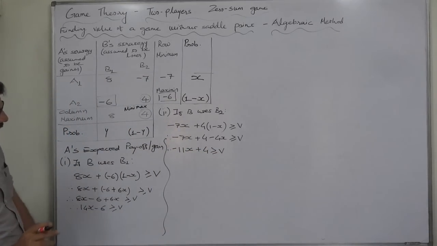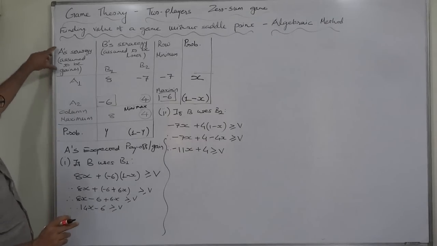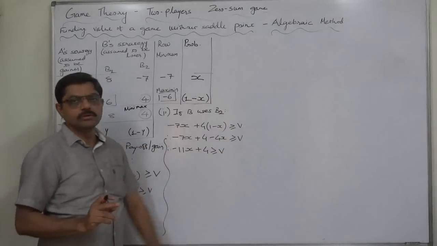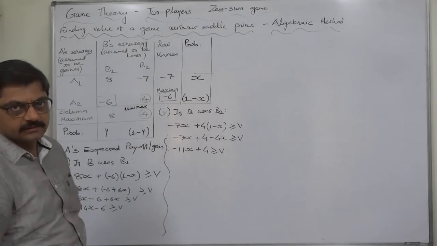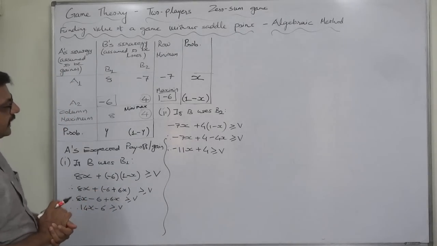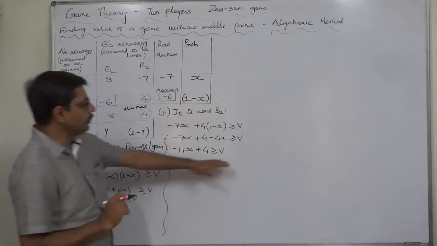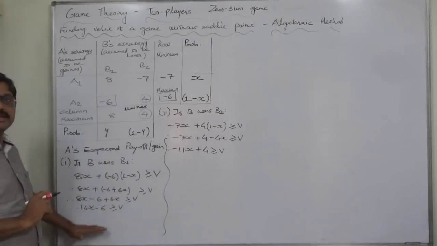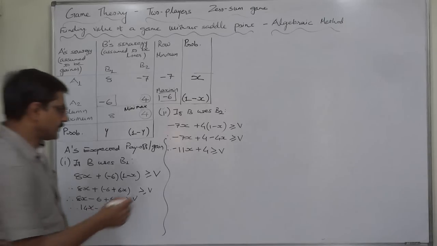So these are the two inequalities, because the gain can be exactly equal to the value of the game or greater than that. So there are so many possibilities. But if we believe that it is exactly equal to the value of the game, these two can be treated as equalities.